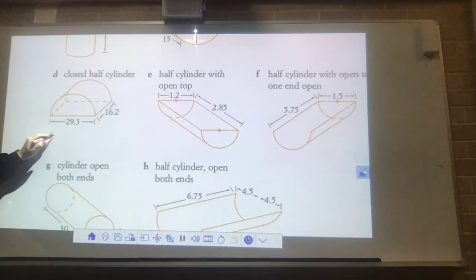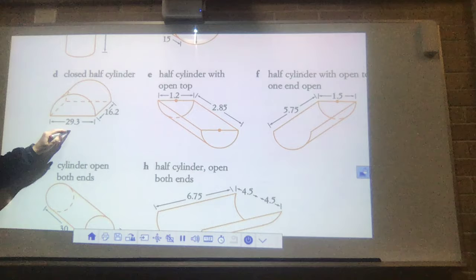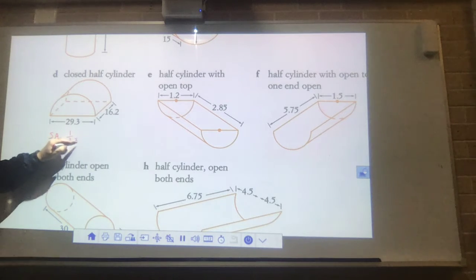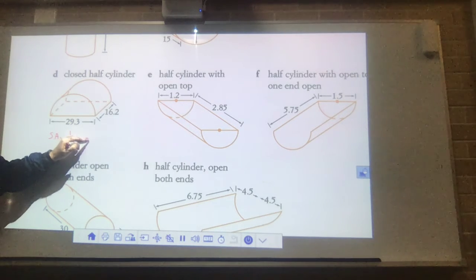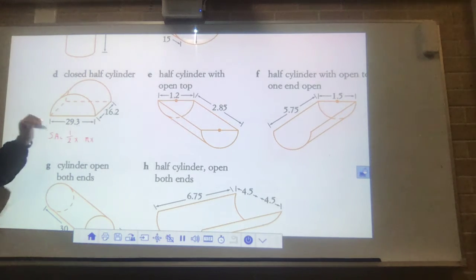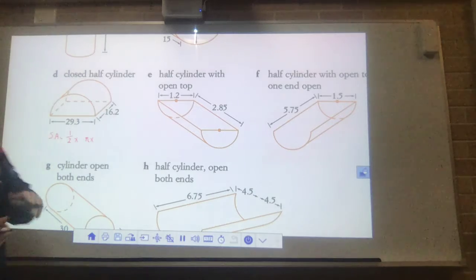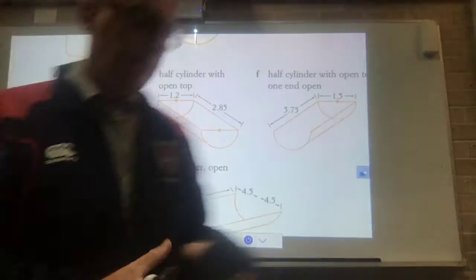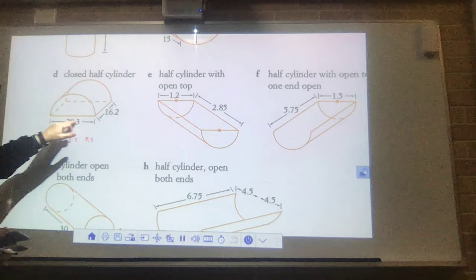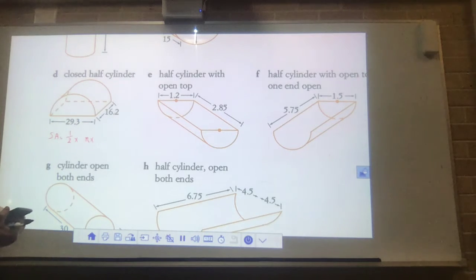So the surface area is going to be half of, remembering our formula, pi r squared, so pi times the radius squared. Now this is going to be a bit of work in this one. So the radius is going to be half of 29.3, so 29.3 divided by 2 is 14.65.